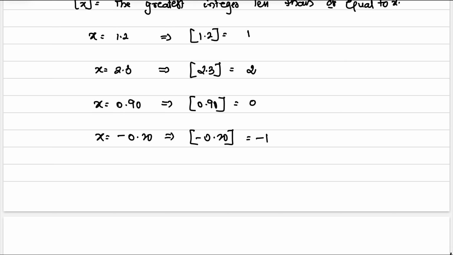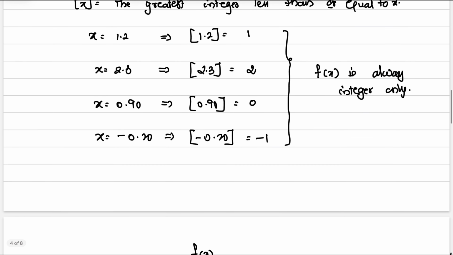It cannot have values between the integers. The function x is always an integer only. Greatest integer function.